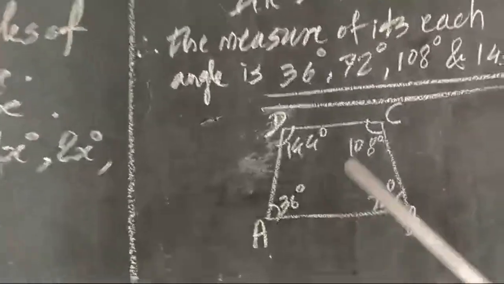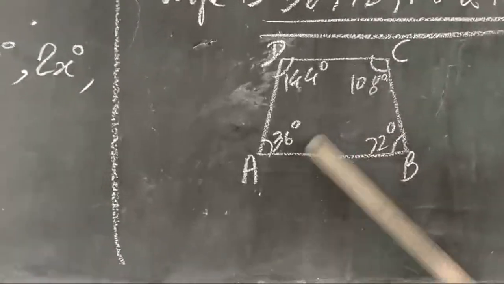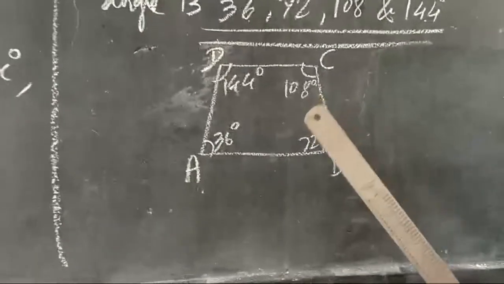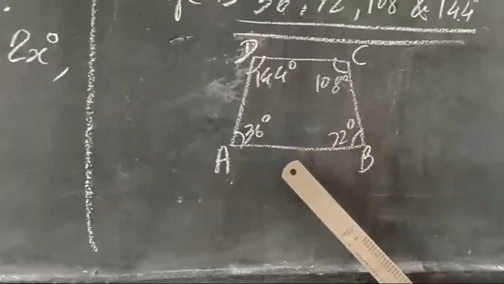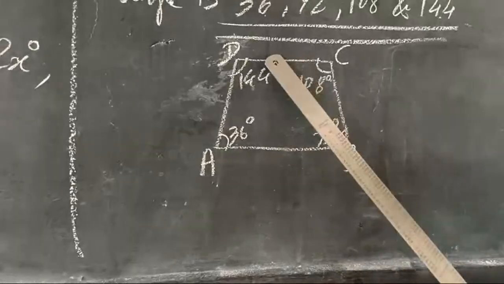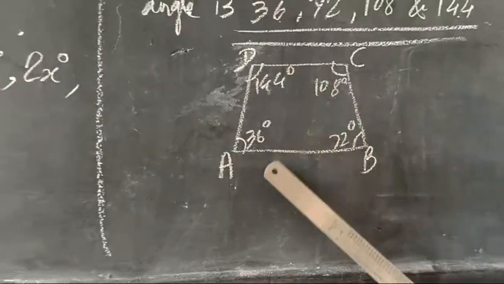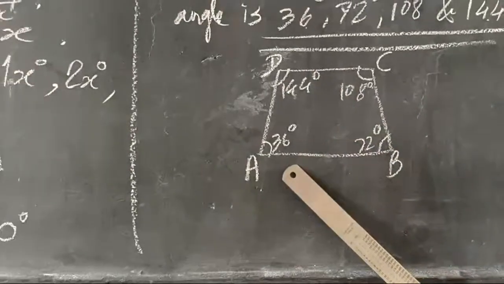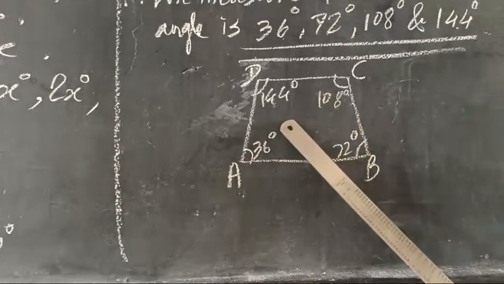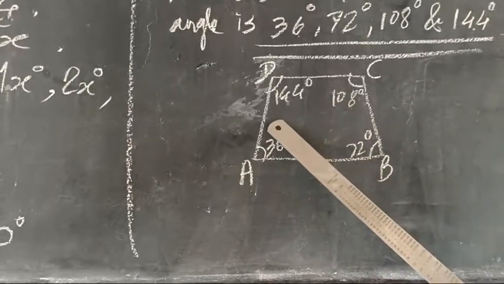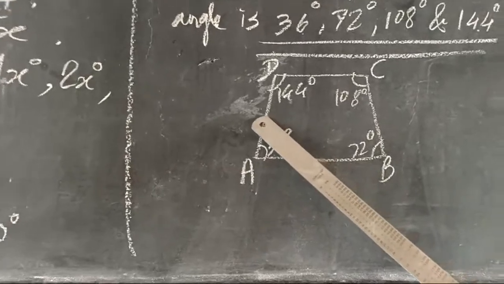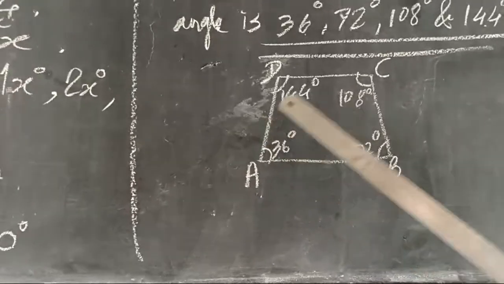Definition of trapezium: a quadrilateral having only one opposite pair parallel is a trapezium. Only one pair is parallel.